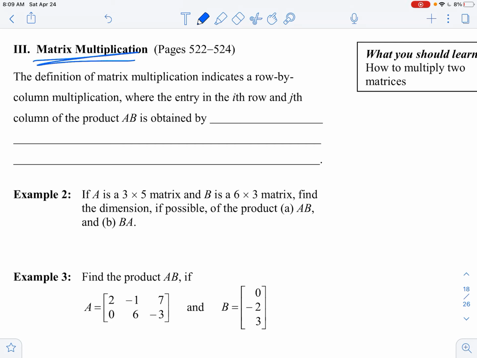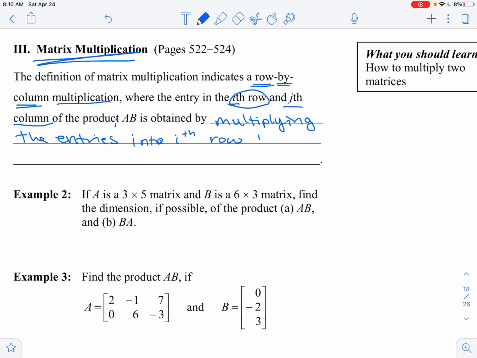So when we're multiplying a matrix, the definition of matrix multiplication indicates a row by column multiplication, where the entry in a certain row and a certain column is attained by multiplying the entries in the ith row by the corresponding entries in the jth column, and then you add. And I'm going to show you how to do that right now.